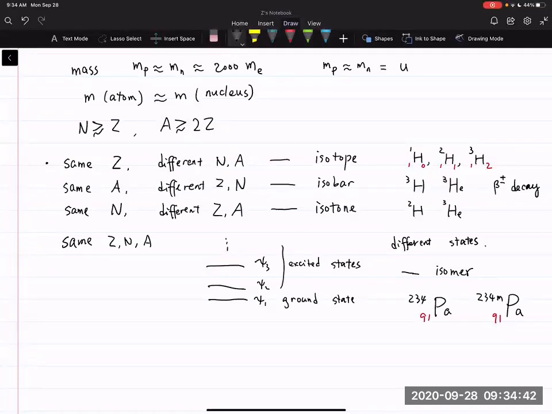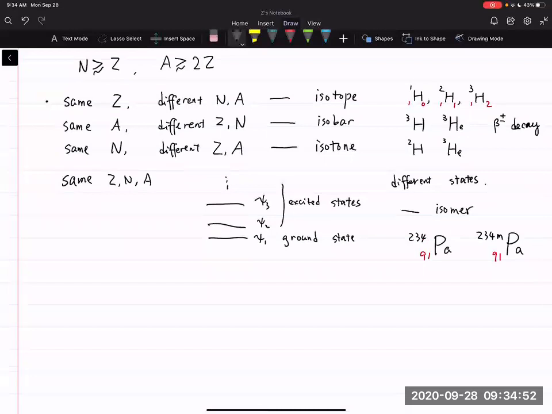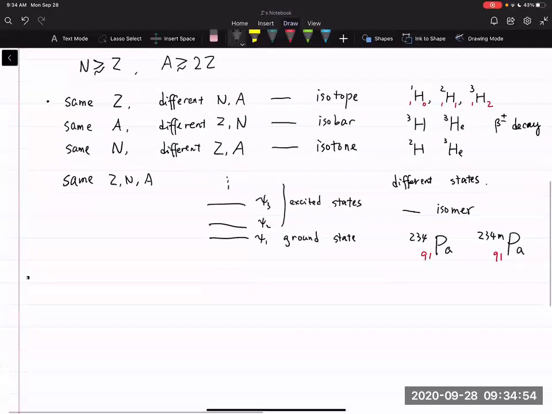This is the nuclear isomer. And as you may notice, all these terminologies are closely related to one very important chart we use in nuclear engineering and nuclear physics. It's called the chart of nuclei, or the table of nuclei.